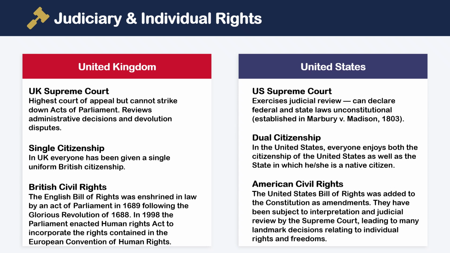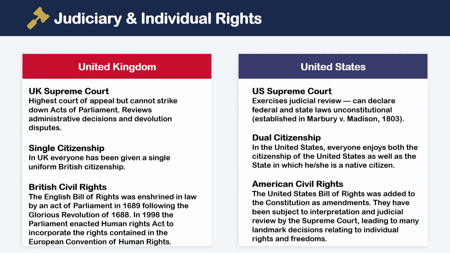power. On the other hand, the US Supreme Court can exercise judicial review, which means it can declare federal and state laws as unconstitutional if those laws are in conflict with the Constitution of the USA.